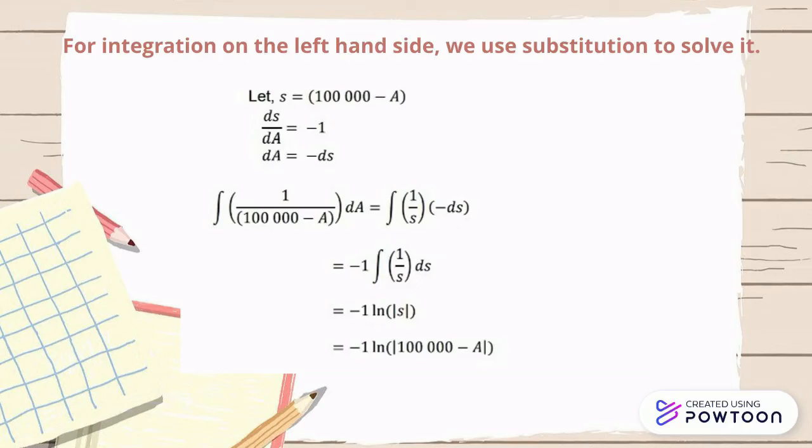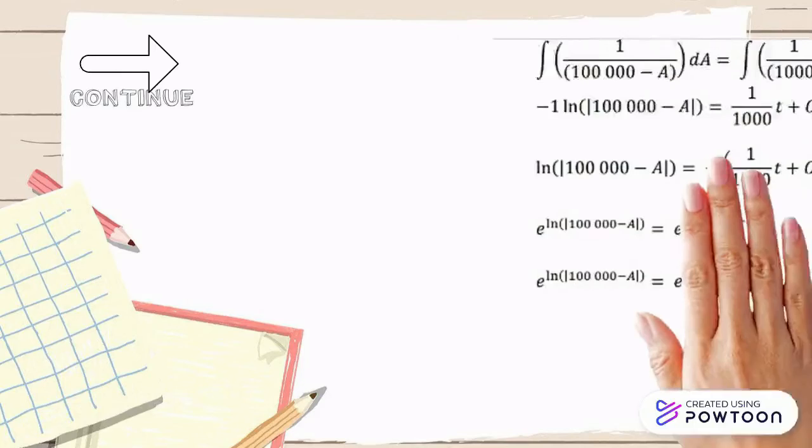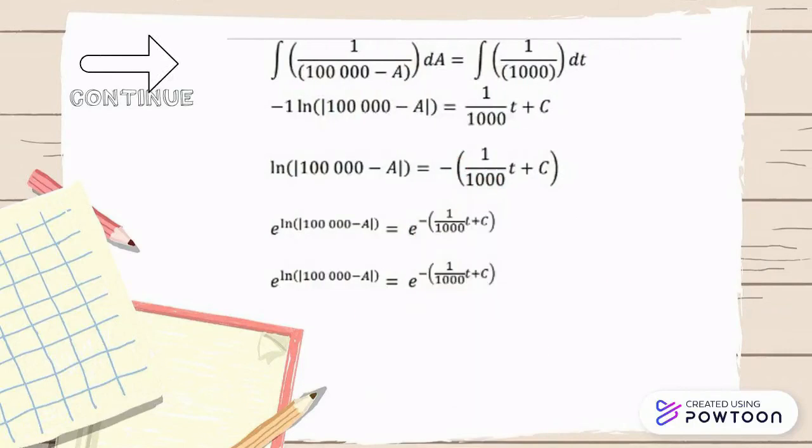After that, we substitute the value of s back into the equation, and we will get negative ln(100,000 minus A). That's it for the integration on the left hand side. Now we can continue the integration on the right hand side. We integrate 1 divided by 1000 dt, and we will get 1 divided by 1000 t plus c.